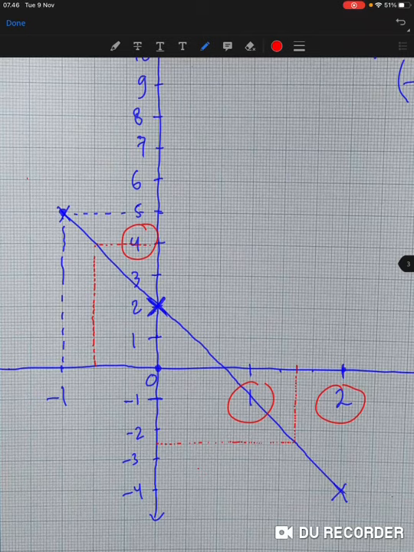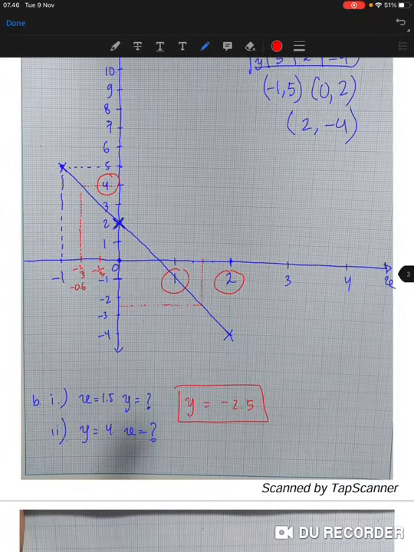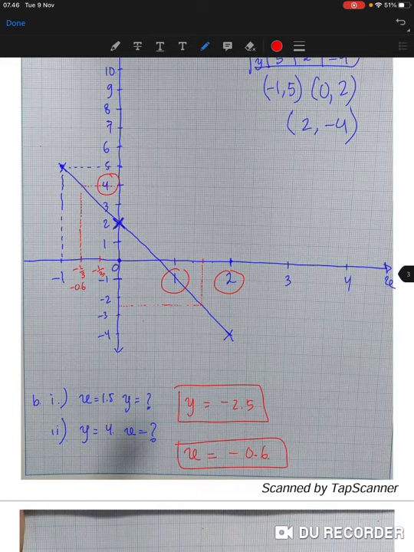Alright, this one is negative 1 third, negative 2 over 3, or you will have negative 0.6, or if you want to leave it as 0.7, I will accept it. So your x here is going to be negative 0.6, or I will accept your x around negative 0.5 until negative 0.7.